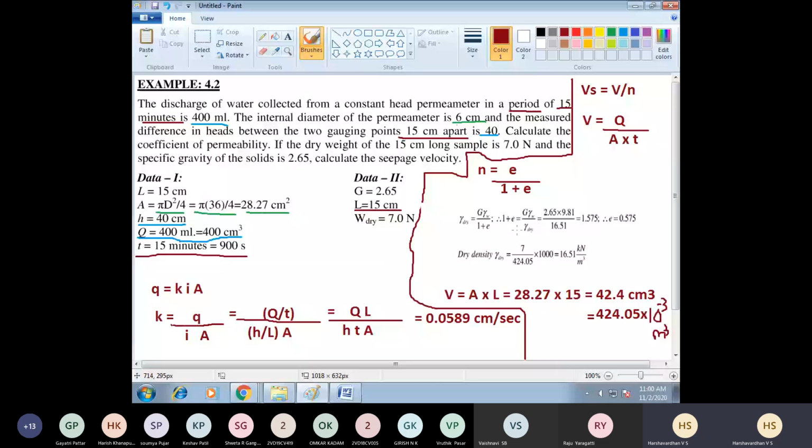G is 9.15. So 1 plus e is equal to 1.575.